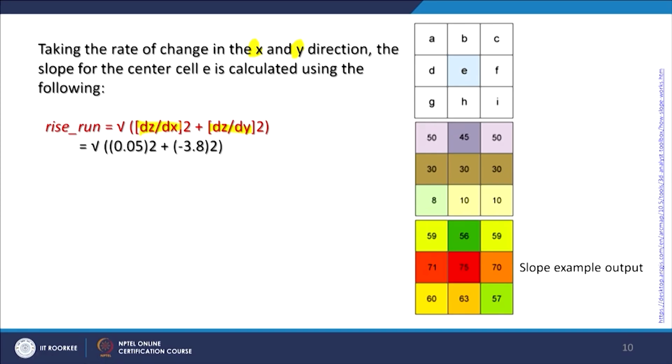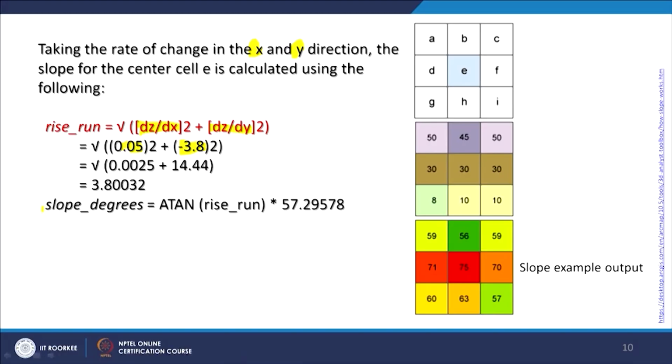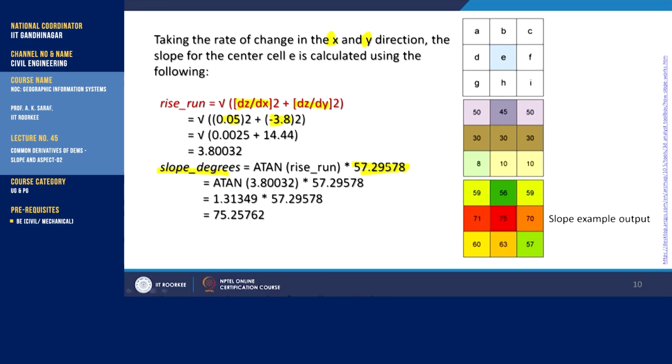So dz by dx we have calculated as 0.05, and dz by dy, in the earlier slide we have seen, is minus 3.8. Of course, it is squared, so the negative values will disappear and it is 3.8. That is the slope in degrees, which will be multiplied by this factor, and finally we get 75 degrees.